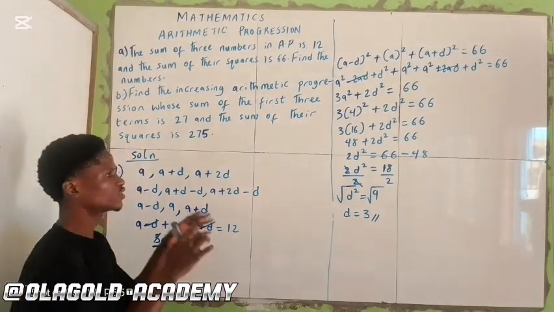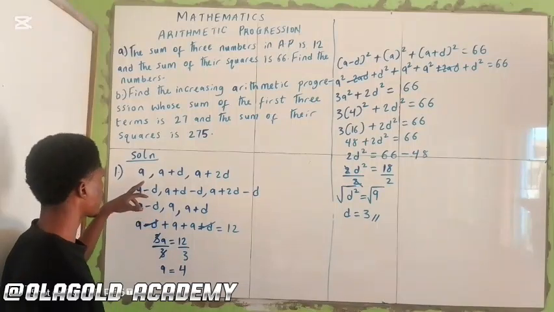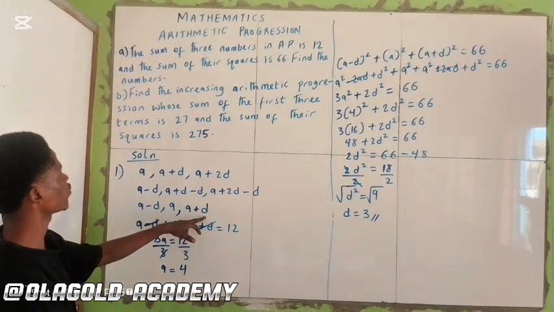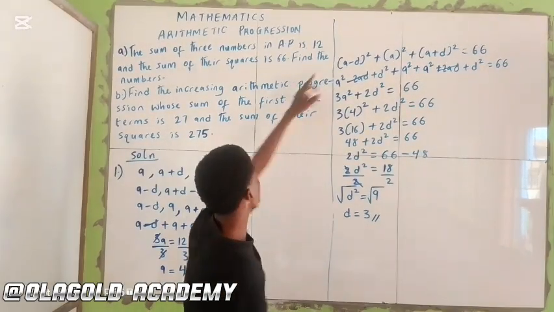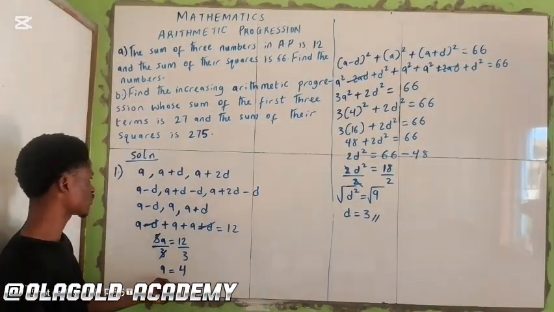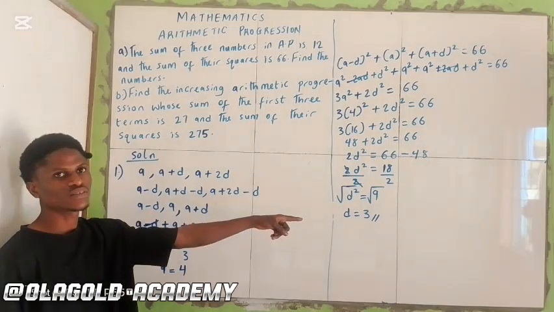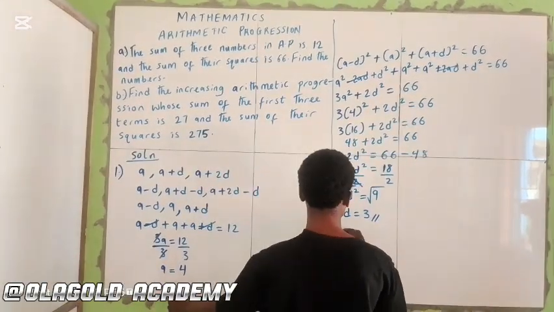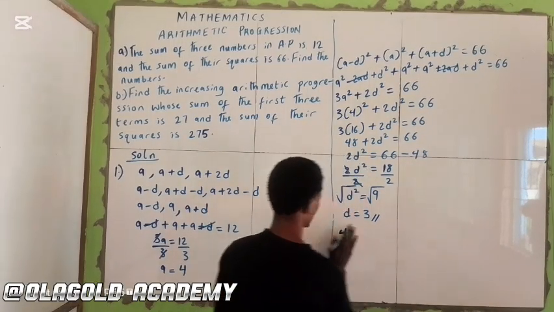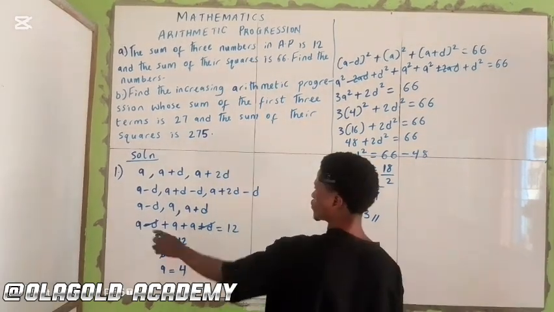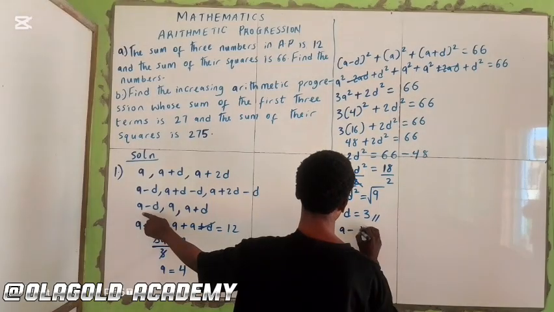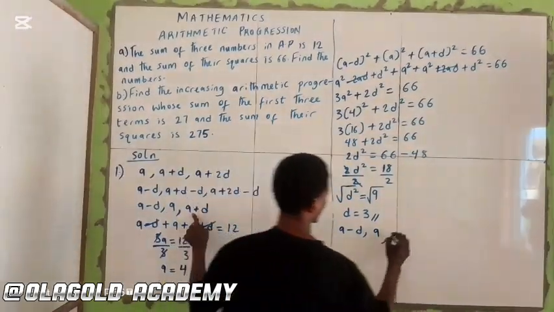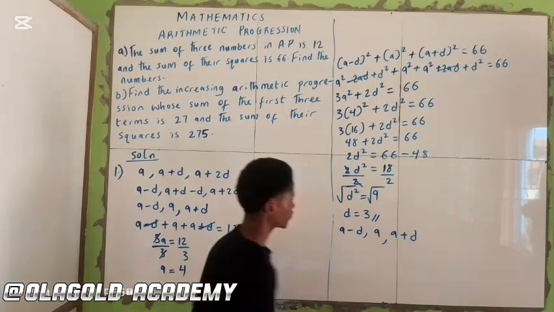Remember that the three numbers are a minus d, a, and a plus d. We have to find the numbers. So if our a is 4 and our d is 3, now let's find the numbers. The three numbers: a minus d, comma, a, comma, a plus d.